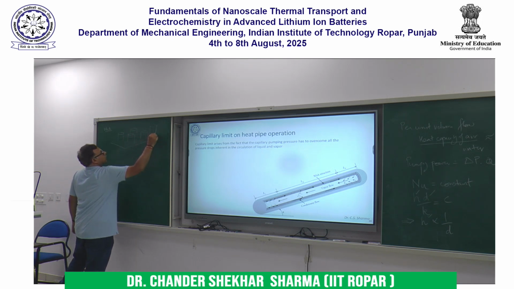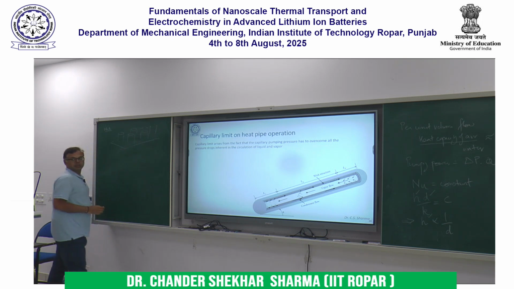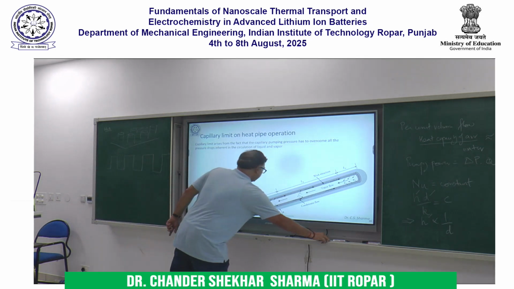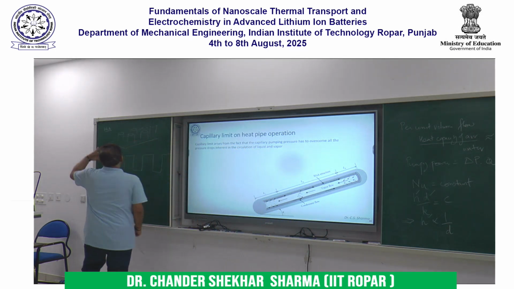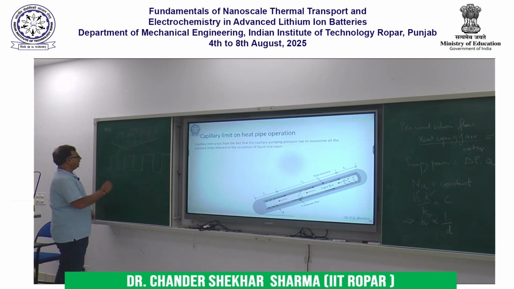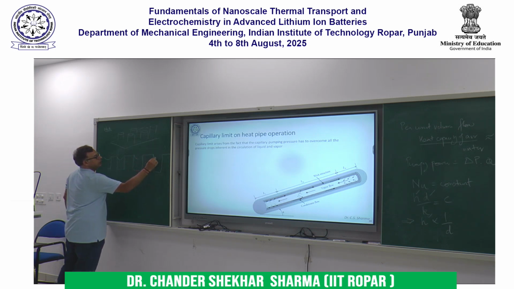I am drawing just a 3D sketch. Now if I look at it from the side, it will look like this. And let's say some liquid has wet this wick. So the liquid will form a meniscus in this wick like this.